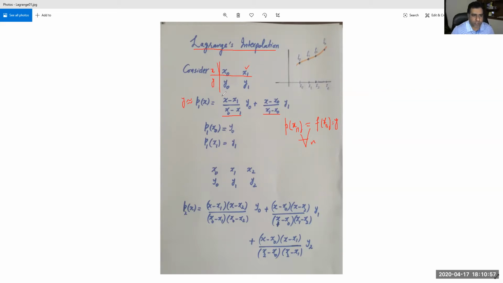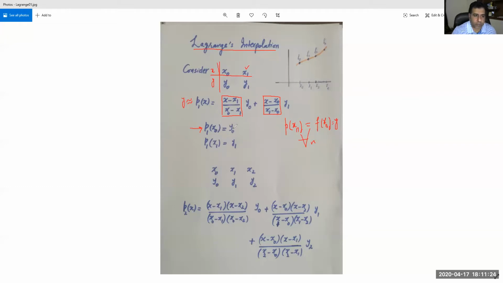So each of such factors is active only at one node and they vanish at all other nodes. So in this way, it is very easy to check this first degree polynomial that approximates this table of values.